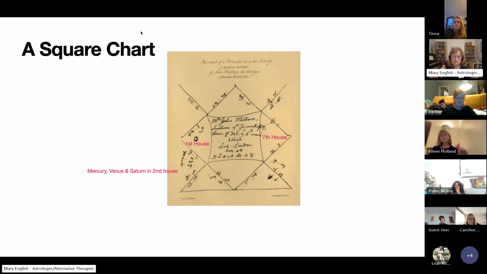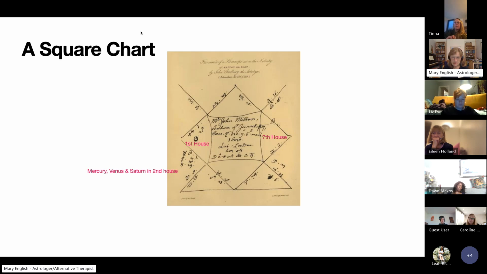If you know your symbols, you'll see the little symbol for Mercury, you'll see the little symbol for Venus, and you'll see the little squiggly one for Saturn, and they're all in the second house. So you'll see how that's numbered. I've put in red the first house and the seventh house, and all the other houses are basically triangles, and it ends up as a square. It doesn't look that different from what a chart looks like today.